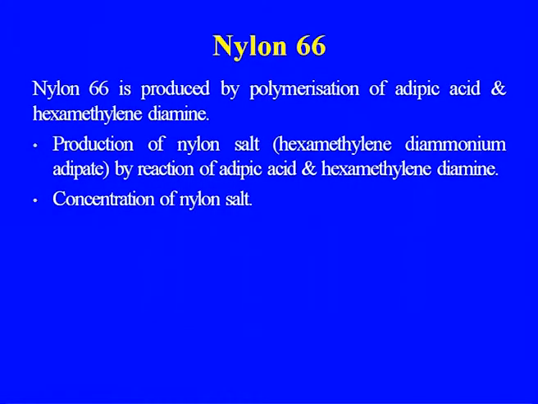And so, the two major raw materials required for nylon 66 are adipic acid and hexamethylenediamine. Nylon 66 is produced by polymerization of adipic acid and hexamethylenediamine. What is happening during the reaction? The nylon salt is made by the reaction of adipic acid and hexamethylenediamine, and it is further polymerized.